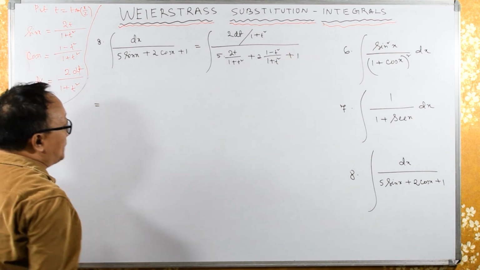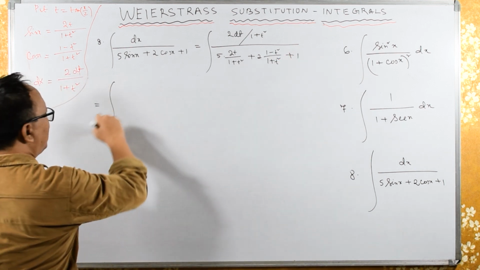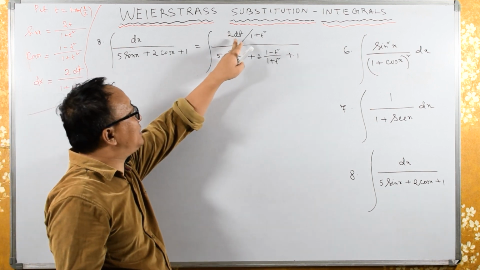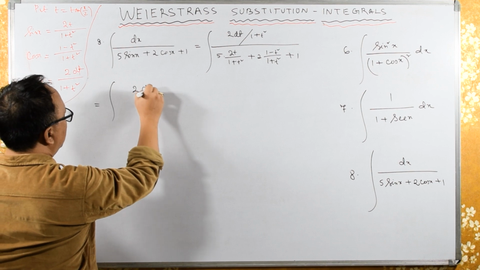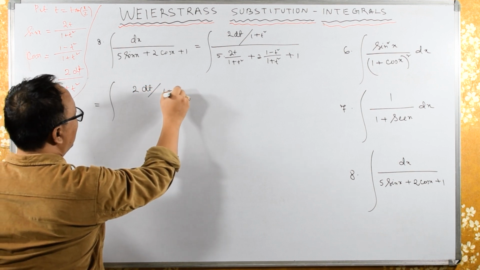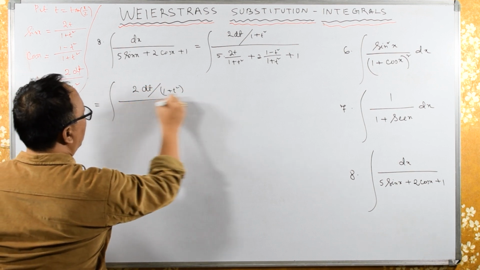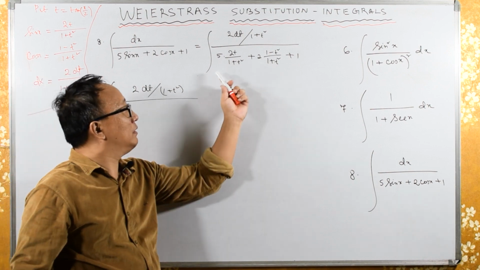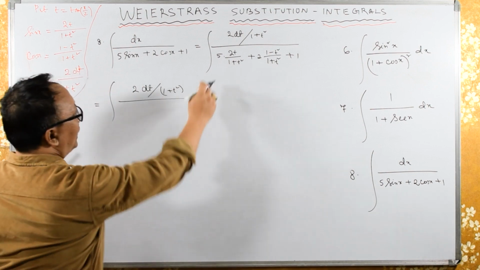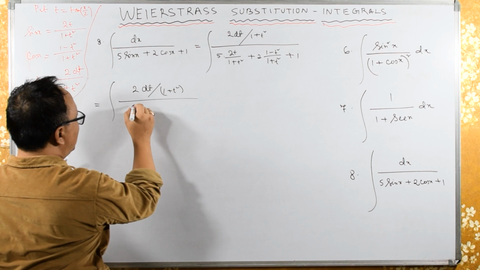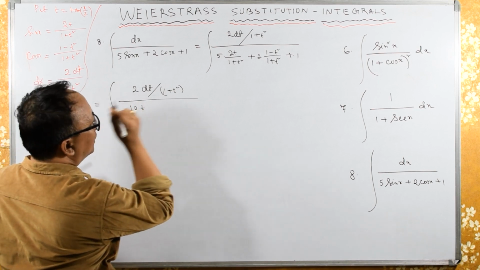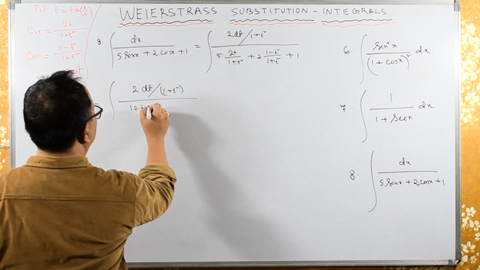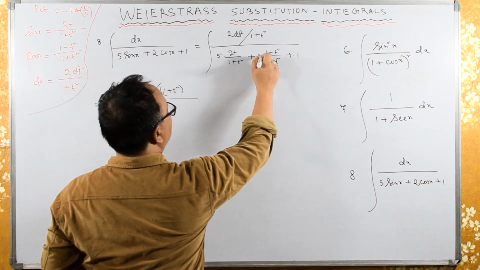This equals to, in numerator what we have? Twice dt. Okay, now twice dt upon 1 plus t square upon, let's take LCM of this. If I take LCM, what will we get? Here 5 into 2 is 10t. Okay, 10t plus these 2 I am sending inside.